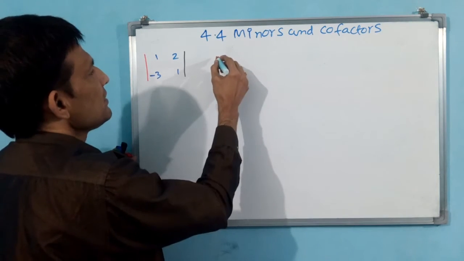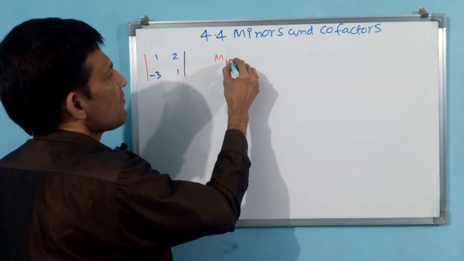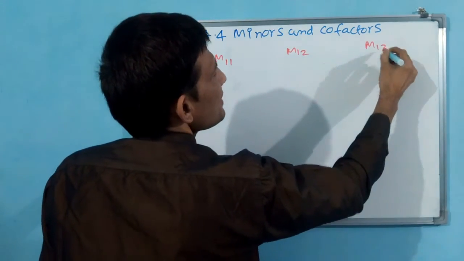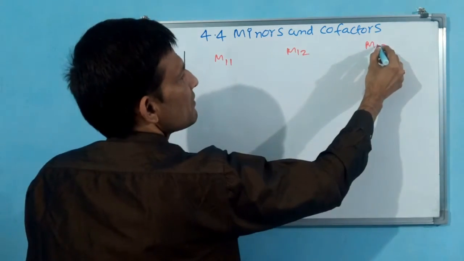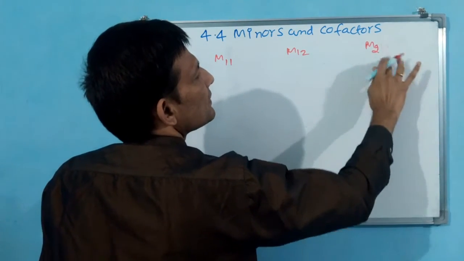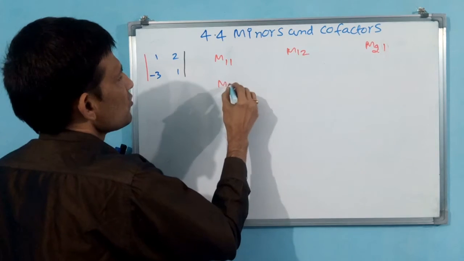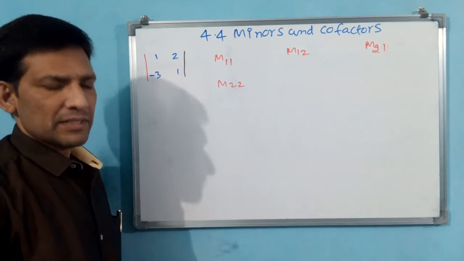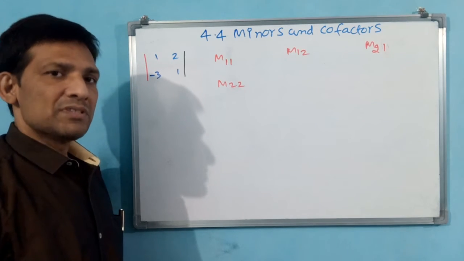Now you see here, M11 will be there, M12 will be there, sorry, M21 will be there, M22 will be there. That's all. Here only 4 minors will be there. Why? Because there are 4 elements. In 3 by 3, there were 9 elements and 9 minors.